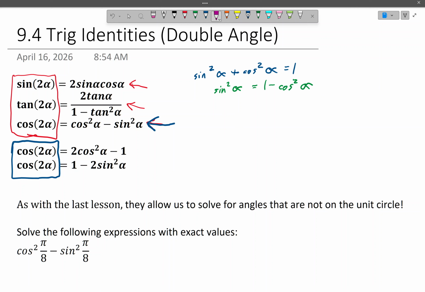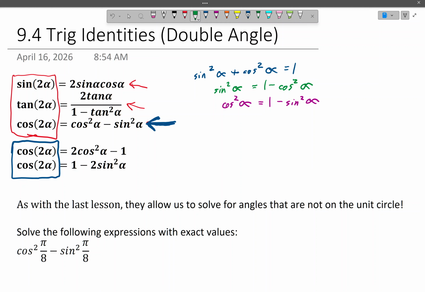Or we do the other version, which is cos squared alpha equals 1 minus sine squared alpha. So those are the two versions of the Pythagorean identity. And we take those and we plug them into this blue equation here, this original cos double angle identity. Then what we can do is get these other versions.